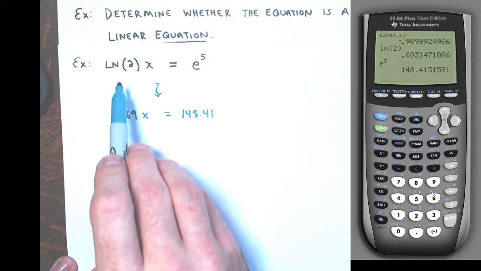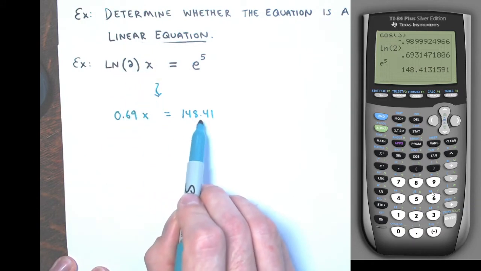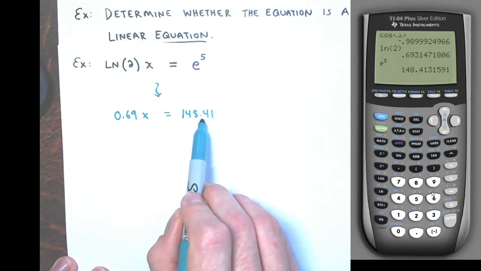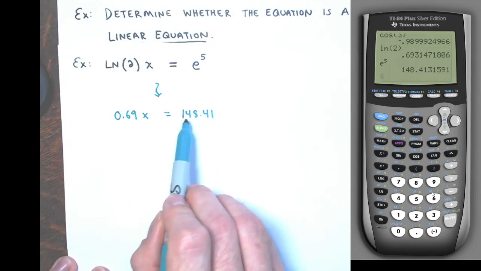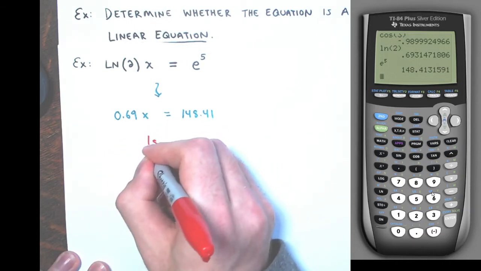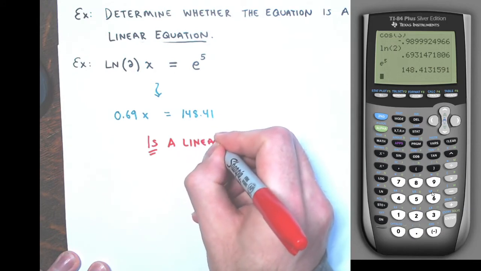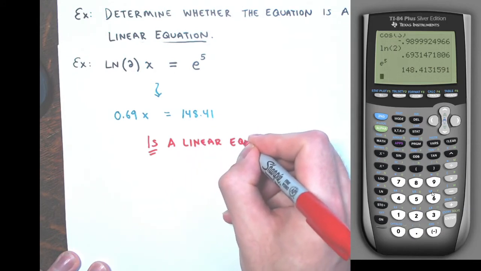So I do have a number times a variable to the first equals another number, a constant term. This is a linear equation, but it's linear in one variable. There's only the variable x. So this is a linear equation in one variable.